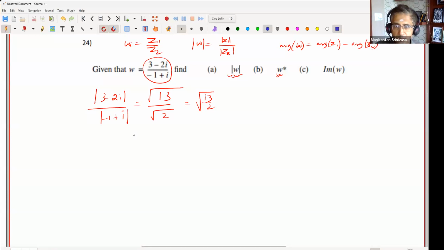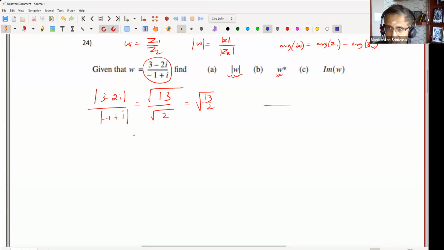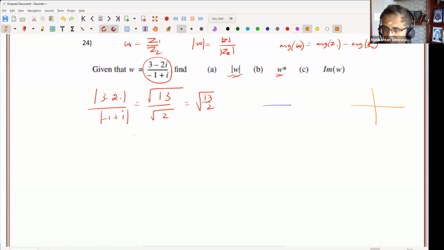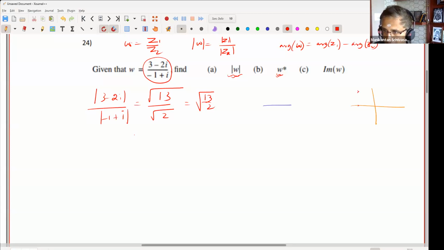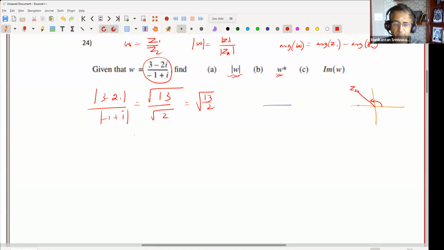On this one, the argument of the denominator is easy. Minus 1 plus i. Let's draw the graph and see where minus 1 plus i falls. It will be somewhere here. So the argument of Z2, the denominator, is 135 degrees or 3 pi by 4.